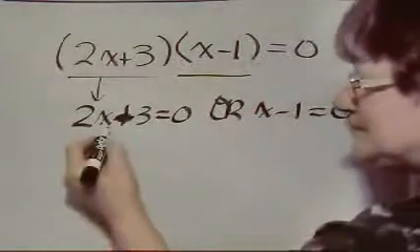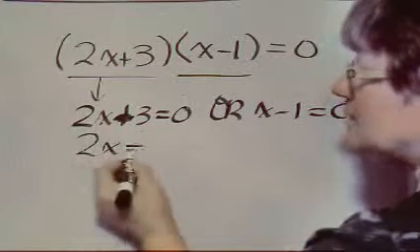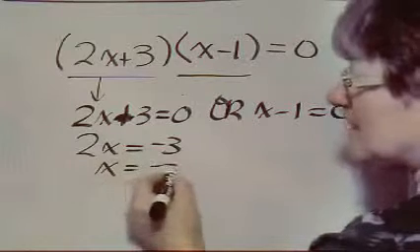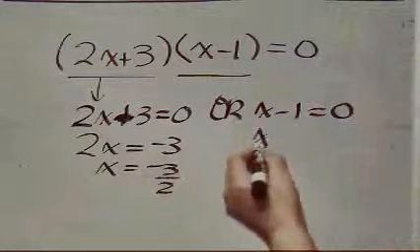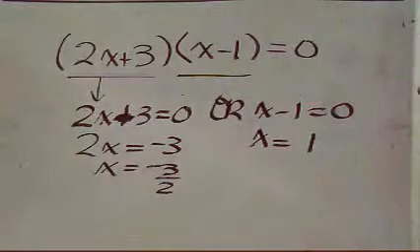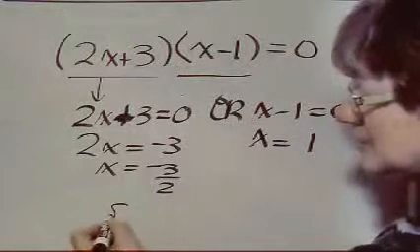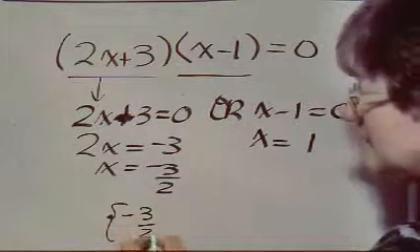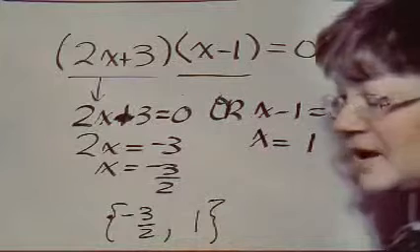Solving 2x plus 3 equals 0, 2x is equal to negative 3, x equals negative 3 halves. Over here, x equals 1. So that's number 1. Your solution set, with those curly brackets that you have a difficult time making, is negative 3 halves, 1.